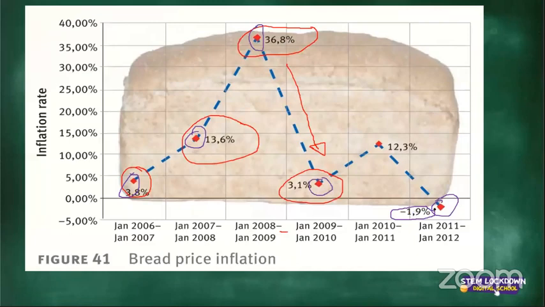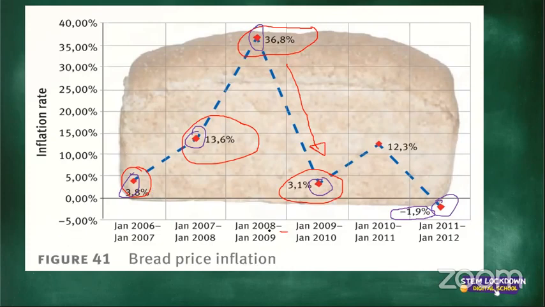Why is it negative? This indicates that there was a decrease in price as well. It wasn't just a decrease in the inflation rate, but also a decrease in the price. That is why we have a negative inflation rate. I hope you understand the difference. With the other ones, the prices were increasing, but the inflation rate would increase, decrease, increase, decrease.